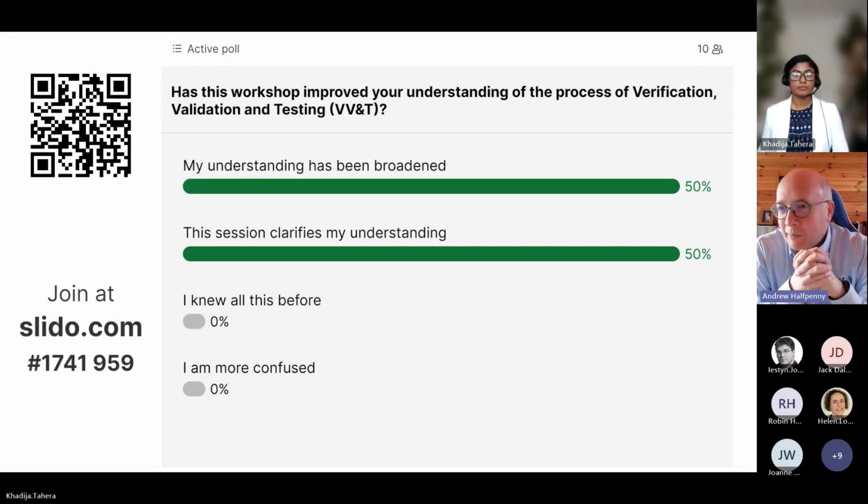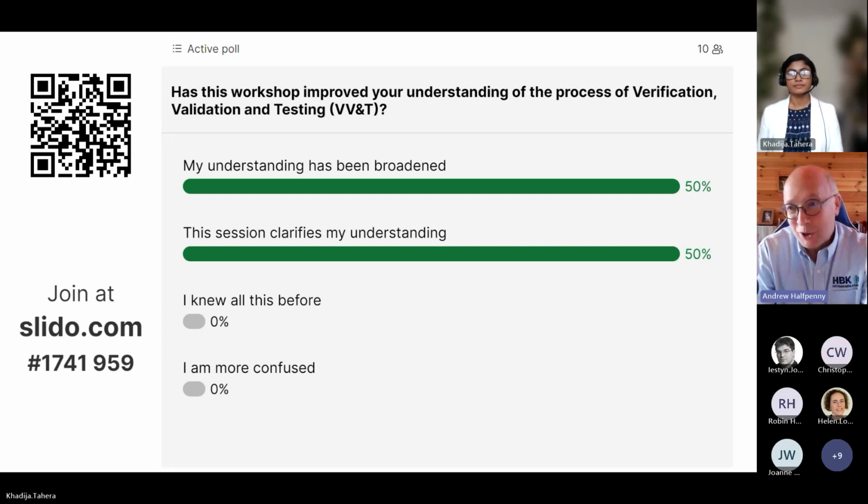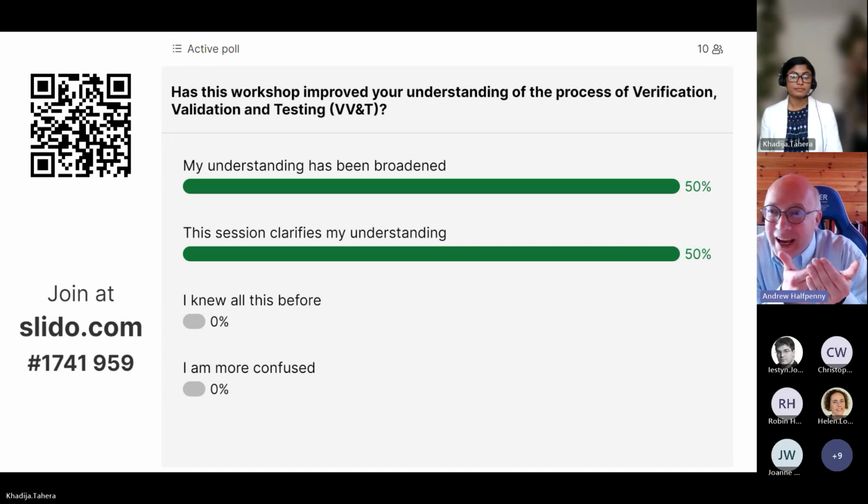I think from my view, obviously I showed you that map of all the tools, and HBK, through Encode and RelySoft, we provide those tools. For me, one of the key things is linking the test and the FMEA together at the start, because we don't want to find out towards the end that we've missed critical things.